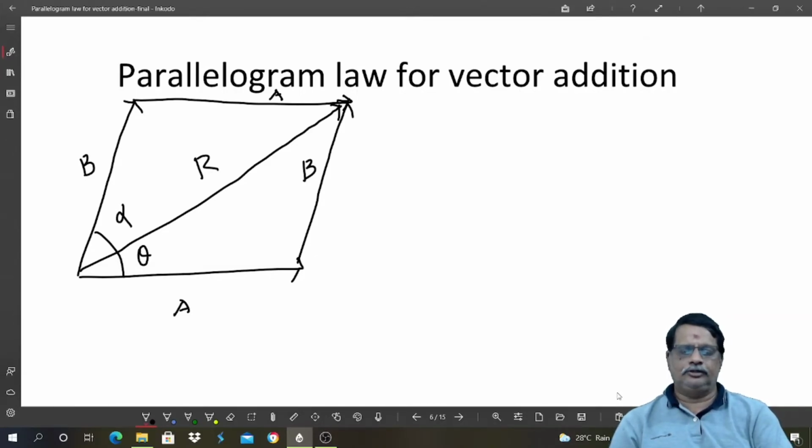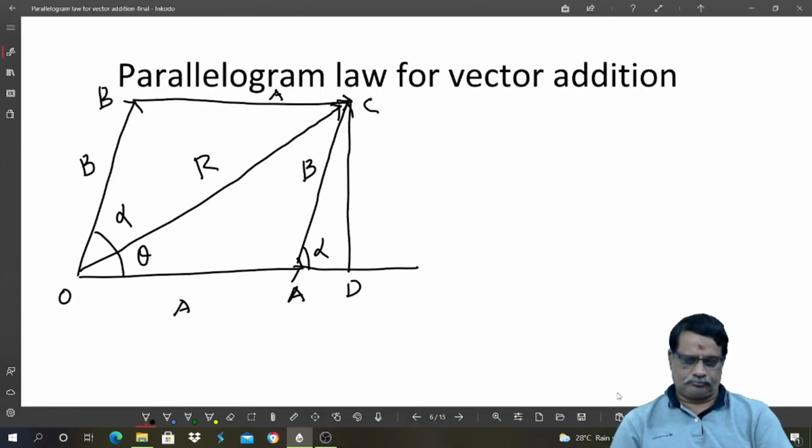For that we will just extend this vector and drop a perpendicular from here. So that this is O, this is A, this is of course B, and we call this C and this D. This angle has to be alpha.